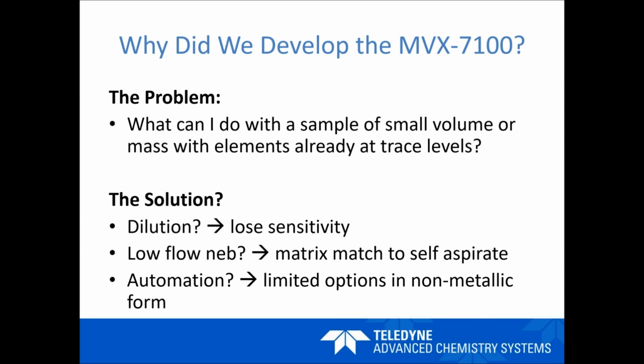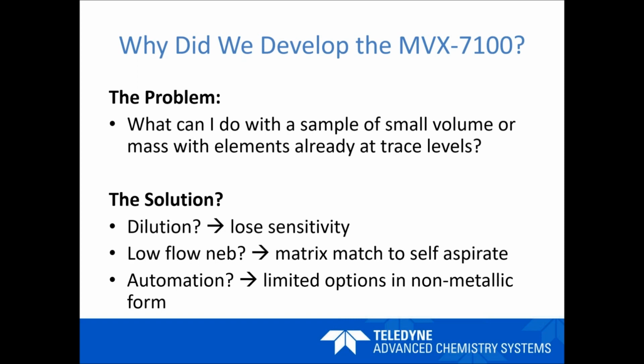That works for a lot of sample types, but unfortunately, if you bring in higher dilution factors, you have the possibility of losing some analytes during the process. Some elements you might be interested in might fall below the limit of detection that you might have. So that might not be an option for some sample types.